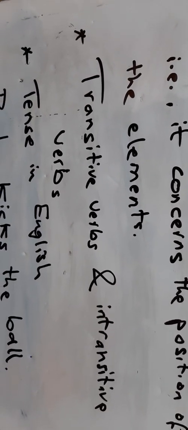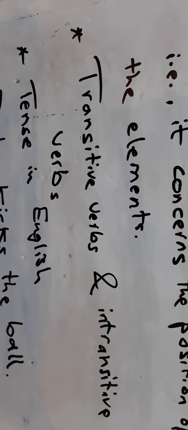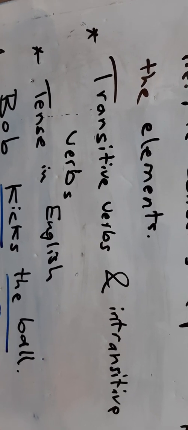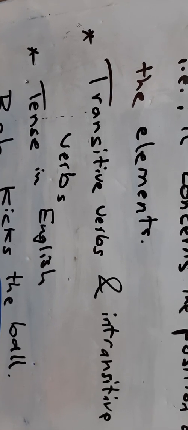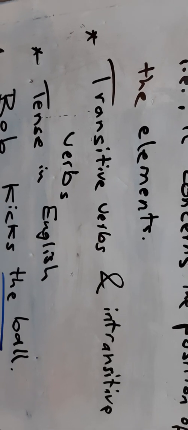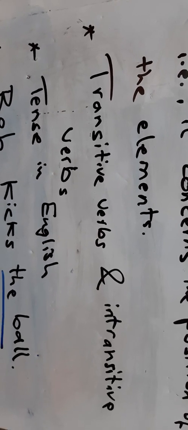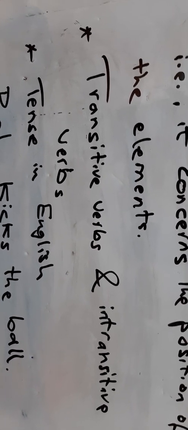An important point in English passive is the division of English verbs. You know that in English there are transitive verbs and intransitive verbs. The type of verbs that can be changed into passive is the first one, which is transitive verbs.